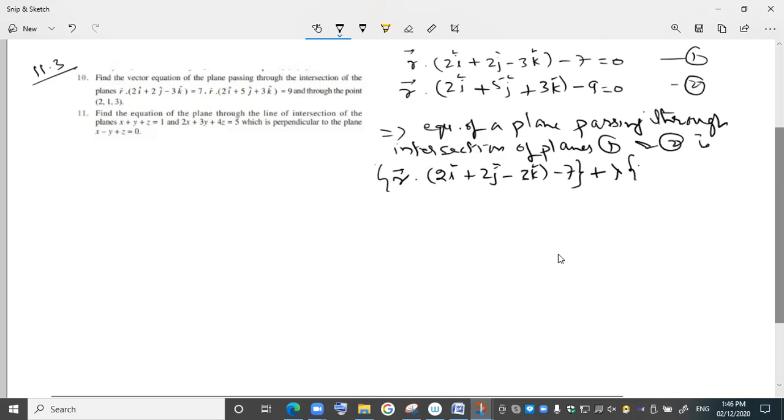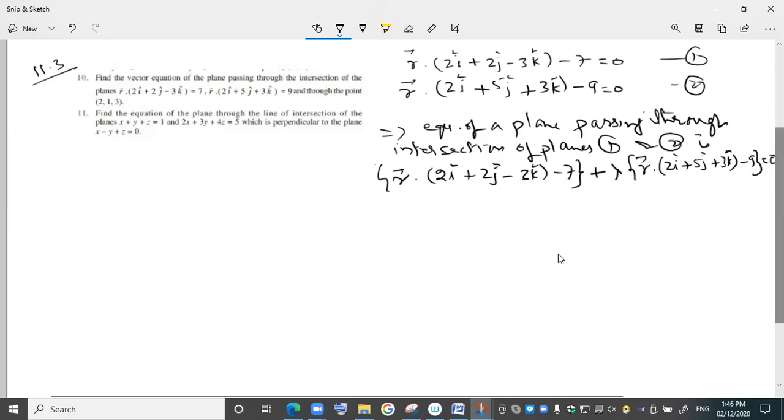Lambda times second equation: r dot (2i + 5j + 3k) minus 9 is equal to 0.